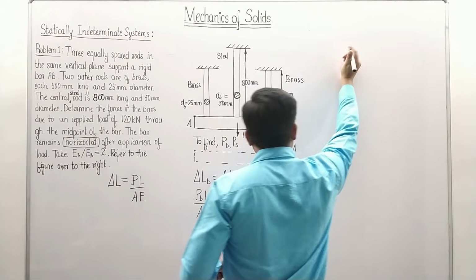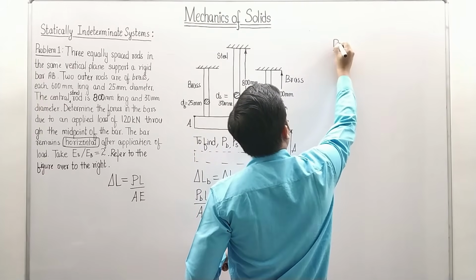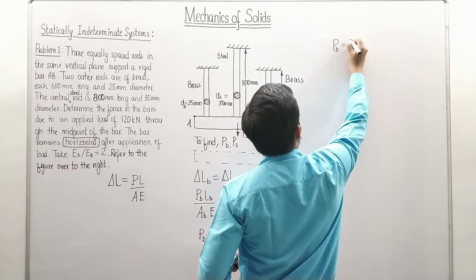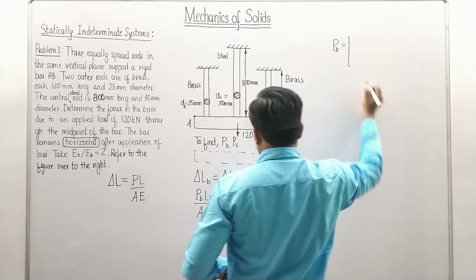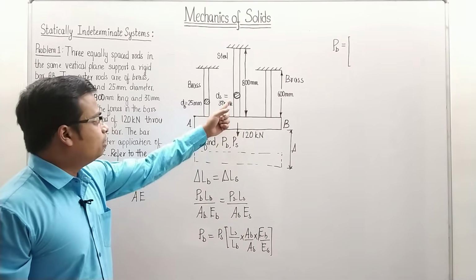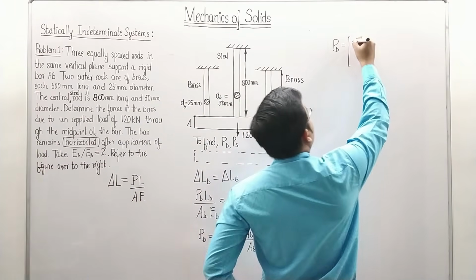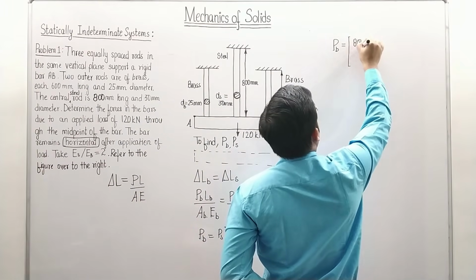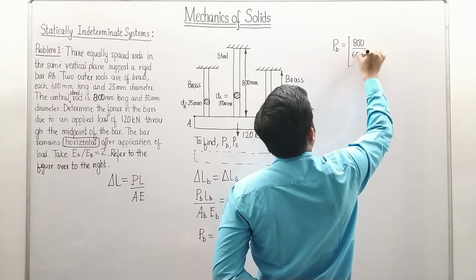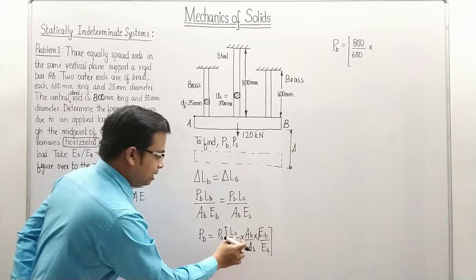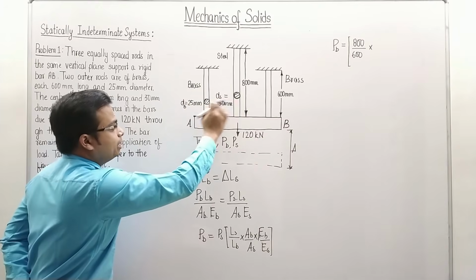Let's do it here. So we have PB. PB is equal to, let me punch in all the values. LS over LB, steel by brass, 800 by 600, multiplied by the area, brass divided by steel.